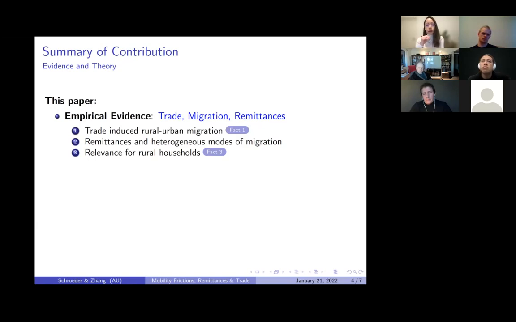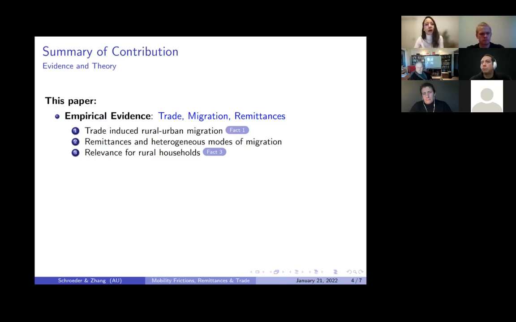The second piece of evidence is regarding the remittances, and that partial migrants remit a larger proportion of their income back home than complete migrants, who may also still have ties back home. And then we show the other side of the coin.